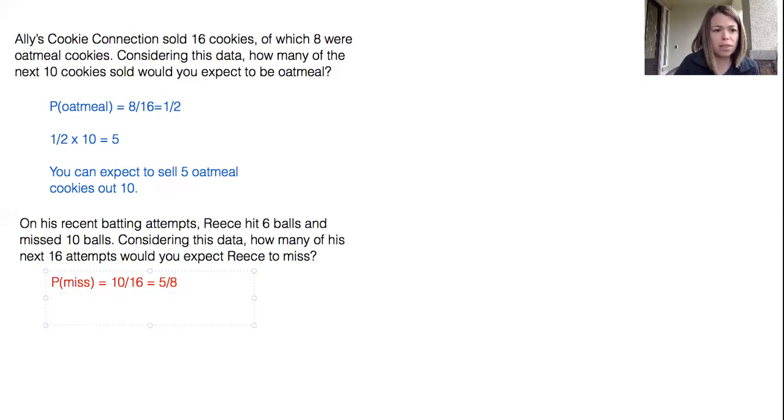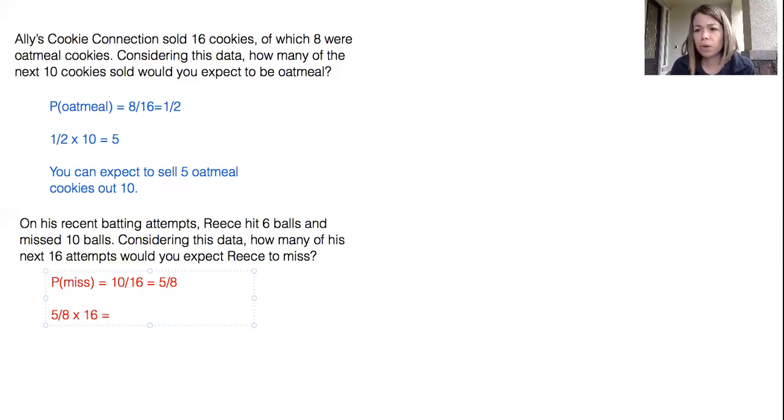Okay, now I'm going to take that probability, 5/8, and it says, how many of his next 16 attempts would you expect Reese to miss? So we're going to multiply by 16.